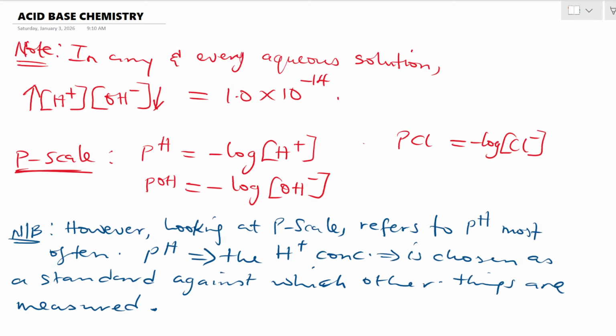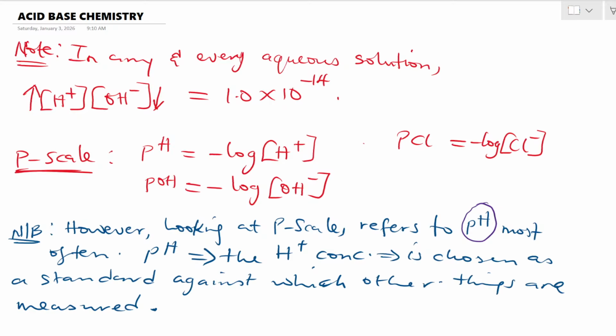So you can directly use this concentration if you wish. However, looking at the P scale, most of the time we talk about pH. That's very key. The hydrogen ion concentration is chosen as a standard against which other things are measured.